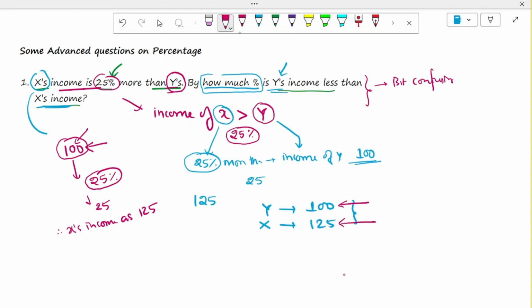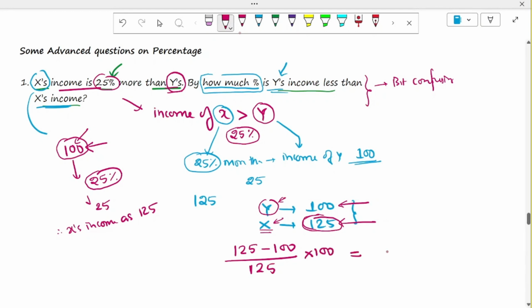So how will you find out? You need to find the difference between both of them, divided by X, because you are comparing with X. You need to find how much less income Y has than X. That's why you will be finding with respect to X. So 125 will come here, into 100.